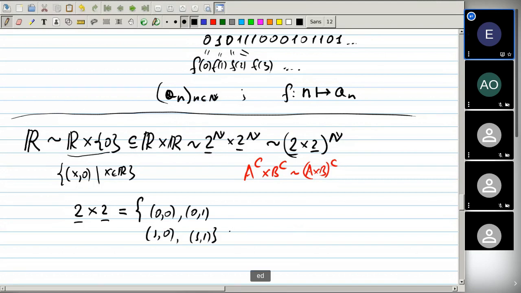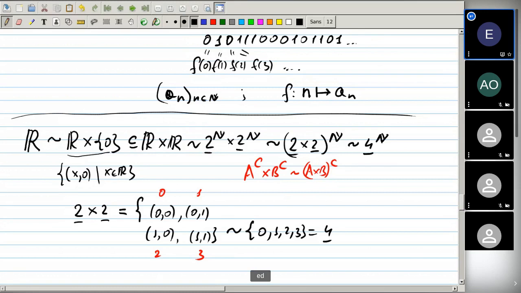Clearly, there is a bijection between this set and the set 4 underlined. You can map this pair to 0, this one to 1, this one to 2, this one to 3. So clearly, these two sets are equivalent. 4 underlined and 2 multiplied by 2 are equivalent. Hence, this set is equivalent to this one.